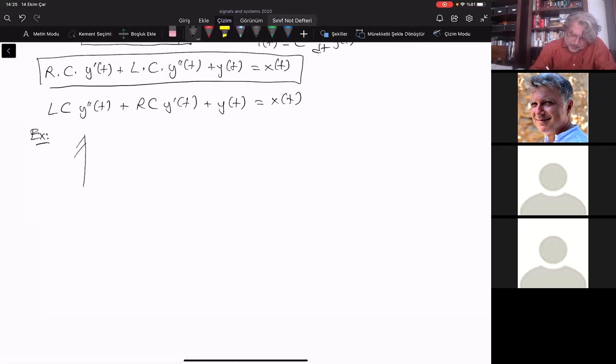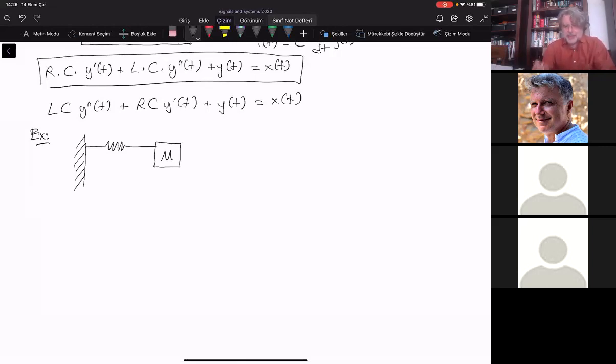And we have this wall, let's say, and we have a mass here. The mass of this mass is m. And there is a spring here. It's not a resistor, this is mechanical.